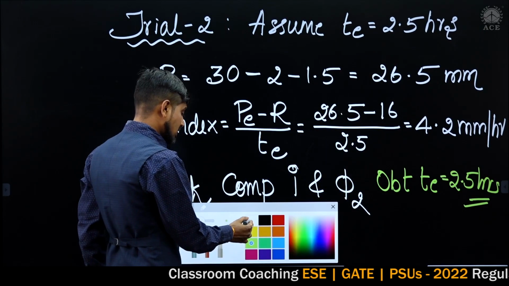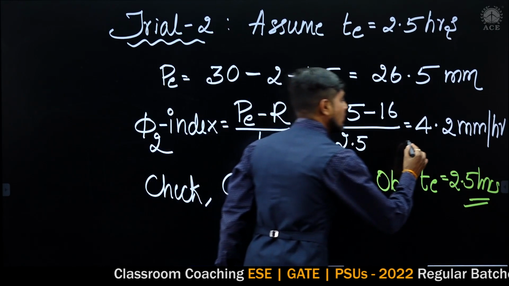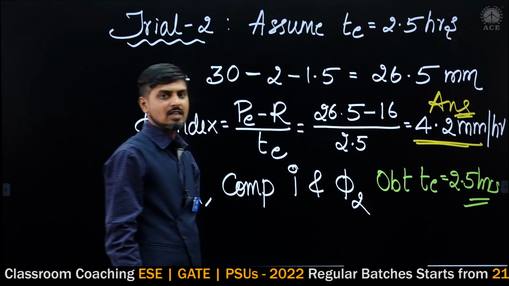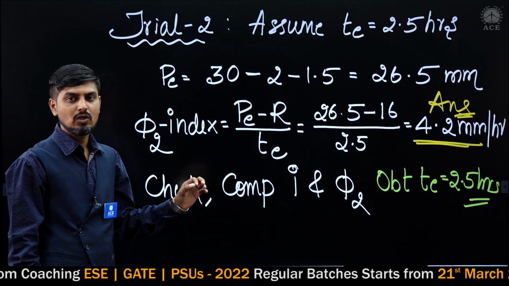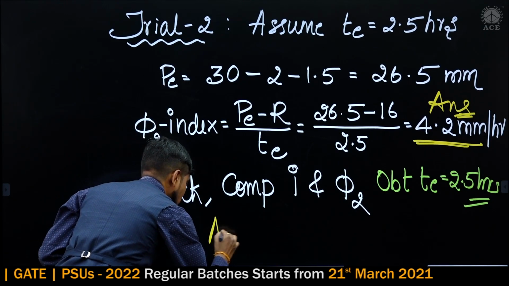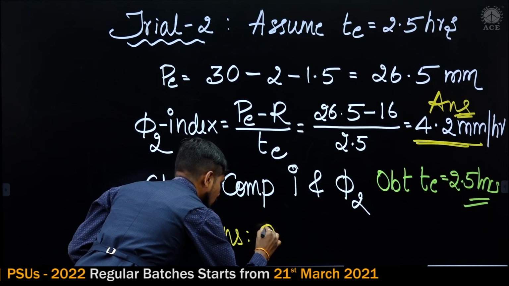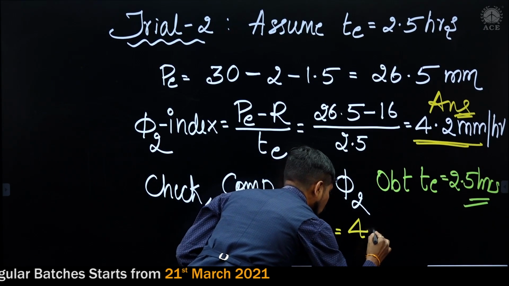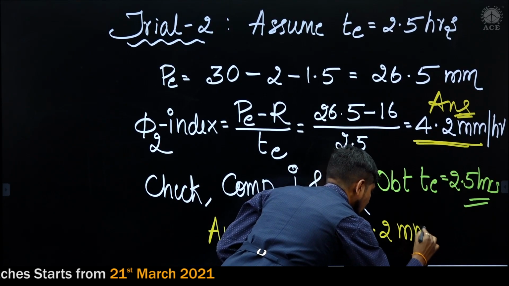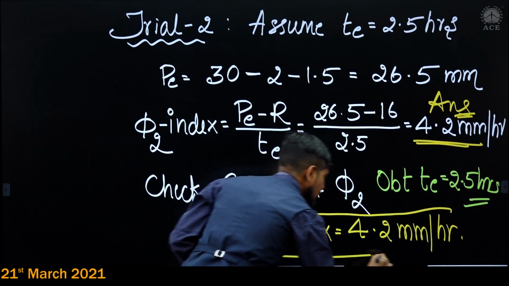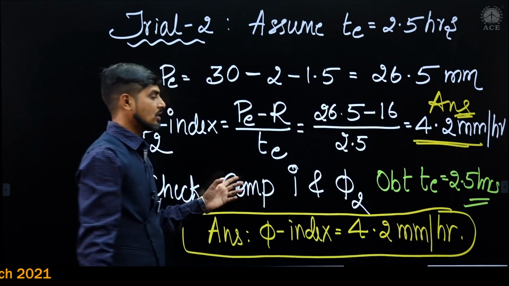So my correct answer is 4.2 mm per hour. For this question, the exact answer is 4.2 mm per hour. So the answer is phi index equal to 4.2 mm per hour. So it was a very simple question. So you can copy the solution.